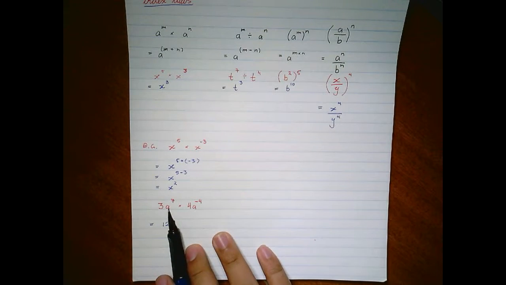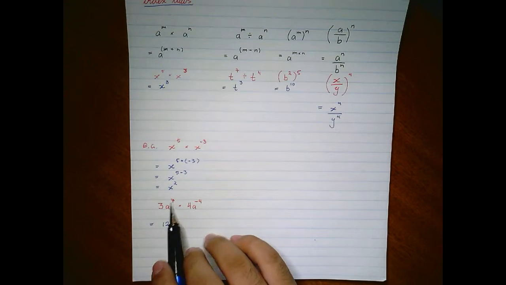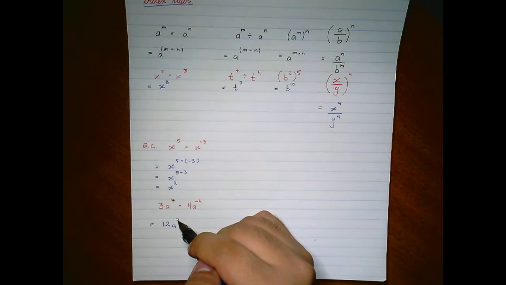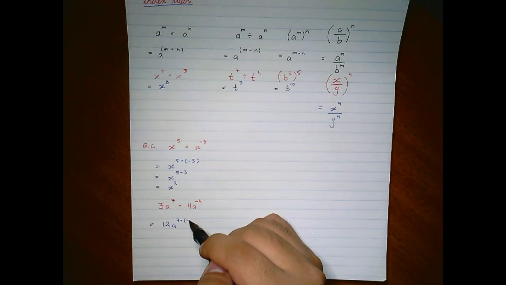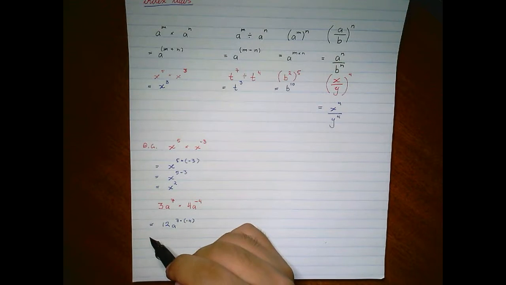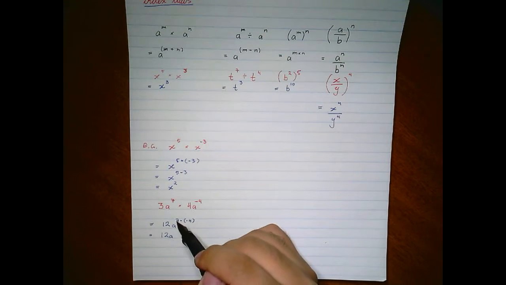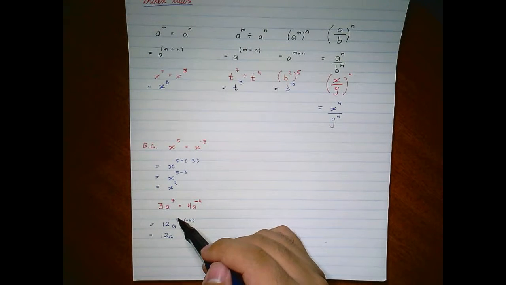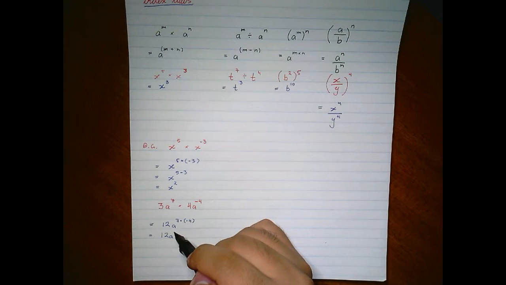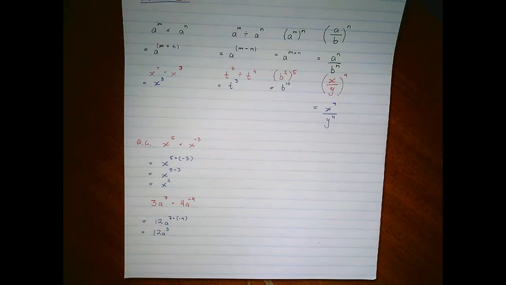So it's going to be a to the power of 7 plus -4, which will give us 12a, well, 7 plus -4, which is just 7 take away 4. 7 take away 4 is 3. That there is our answer.